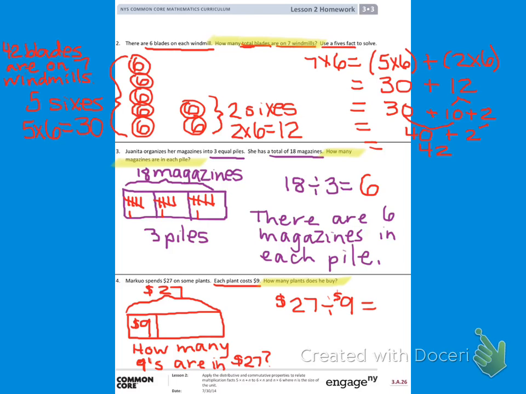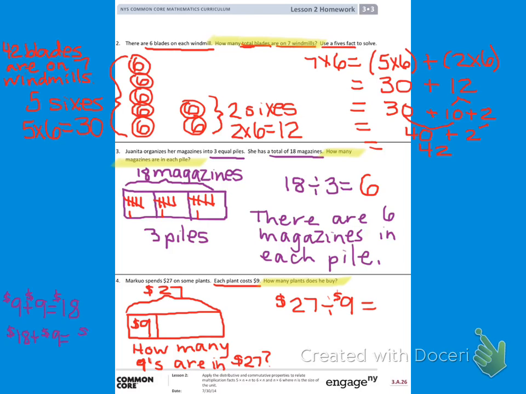Now, if you don't know what the answer to 27 divided by 9 is, what you can do is use some repeated addition until you get to 27. So I'll have $9 plus $9. That equals $18. Well, that's not 27, so I know I have to keep going. And I'll say $18 plus $9.